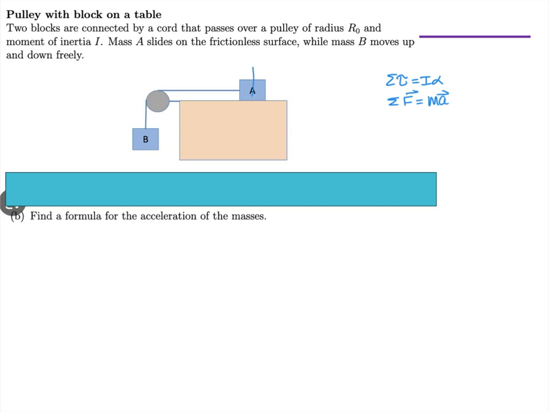So for A, we have normal, we have m A g, and I'm going to call this T1. I think everything's going to move this way, down, and so this is going to be the alpha of the pulley. For the block B, I have T2, m2 g. So the first thing I'm going to do is look at block A and block B and look at their forces.